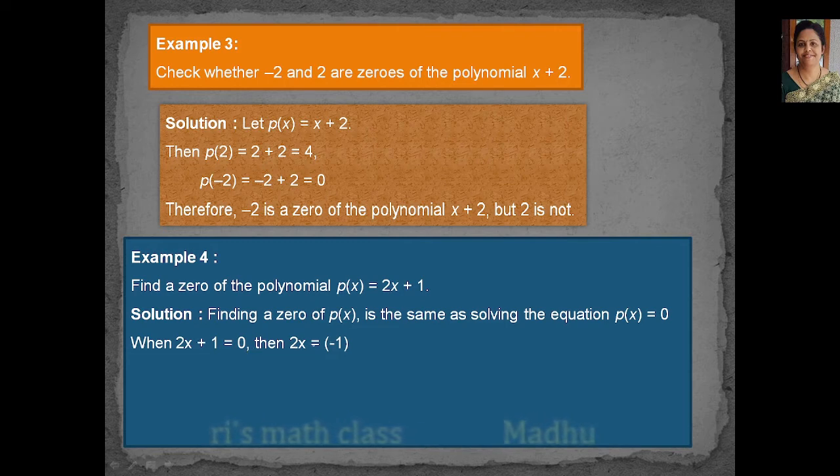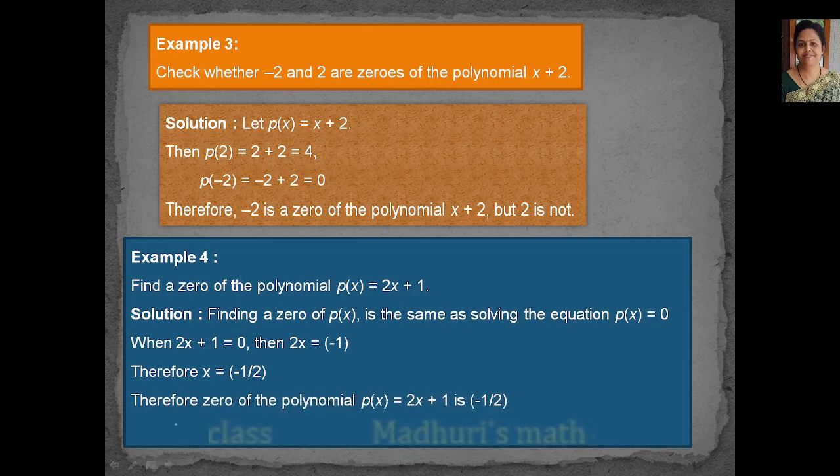So 2x is equal to negative 1. Then what is x? Here it is multiplication, so we will do division. So x is equal to negative 1 by 2. So the 0 of the polynomial p(x) is equal to 2x plus 1 is negative 1 by 2.